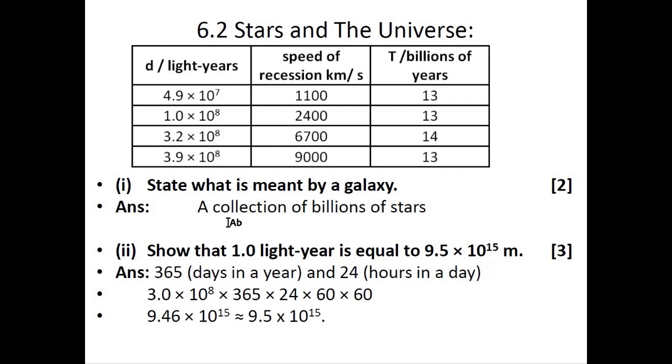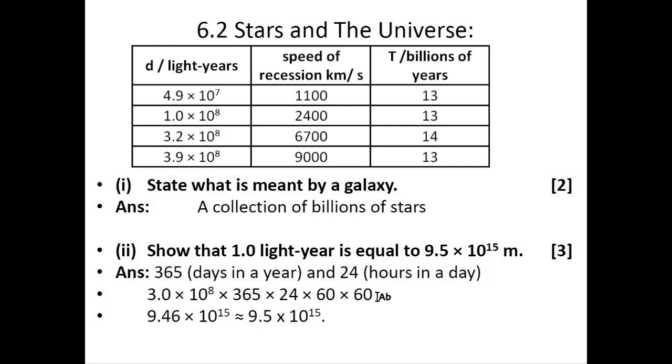There are 365 days in a year and 24 hours in a day, and we know that light travels at a speed of 3 times 10 to the power 8 meters per second. This is in meters, so we just multiply it with 365, the number of days in 1 year, then we multiply it with 24, the number of hours in 1 day, then we multiply it by 60 because that's the number of minutes in 1 hour, and then by another 60 because we have 60 seconds in 1 minute.